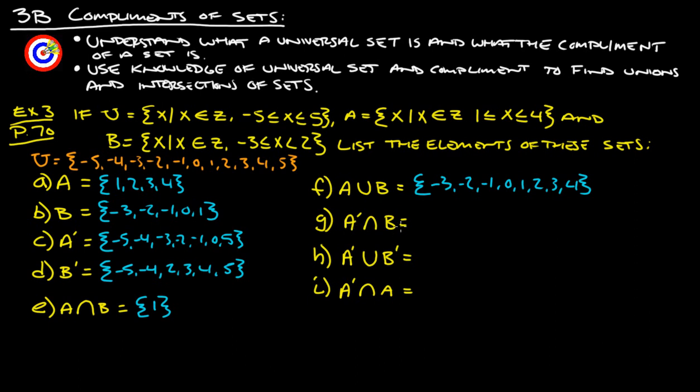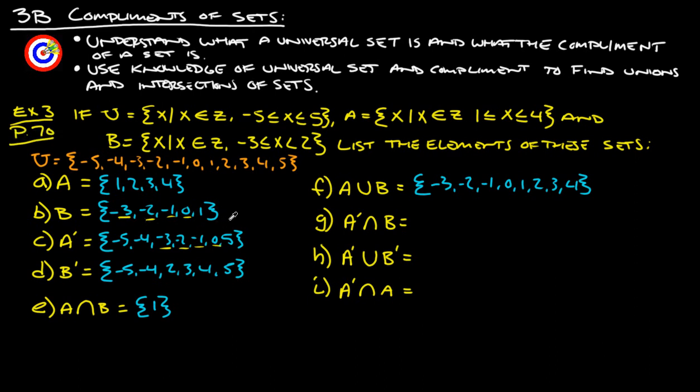Now, everything that's in the intersection of A prime and B. So what do A prime and B have in common? Here's A prime and here's B. Let's see if we can highlight this to make it a little easier. They both have -3, they both have -2, they both have -1, they both have 0.